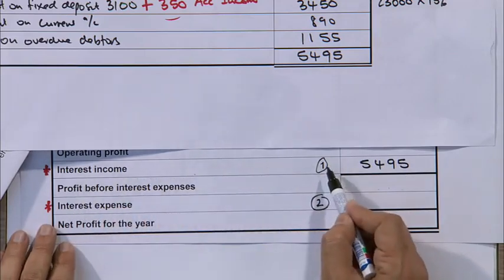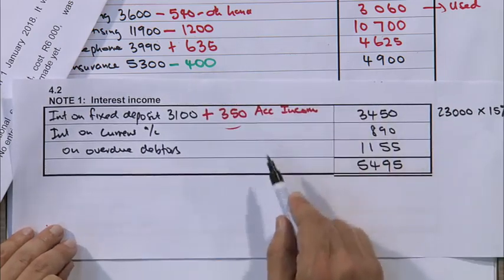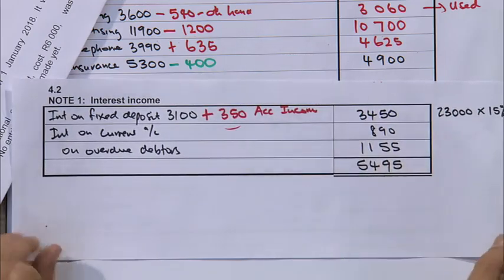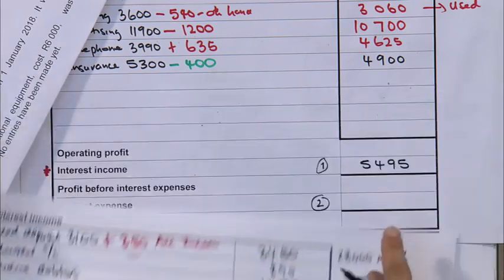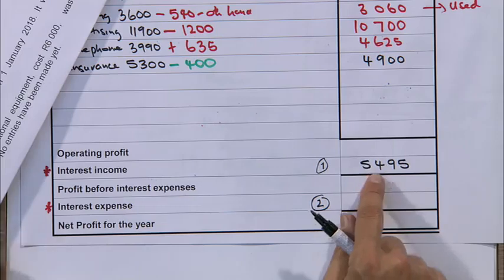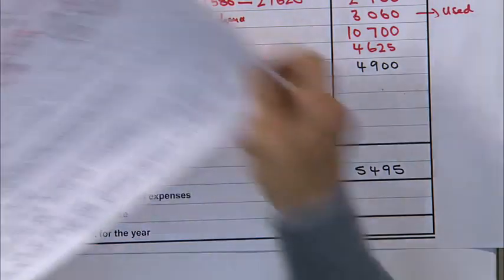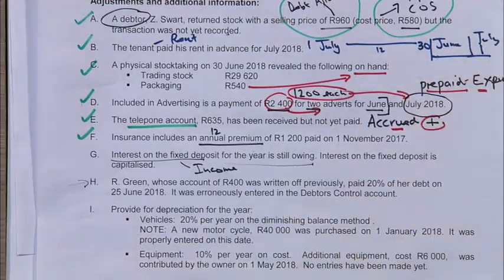That note says refer to note number 1, so that you know how we got that amount. So that will be the interest income for the year, and you place it at the bottom because of materiality. It does not form part of the interest above. Okay, so that was G. So adjustment G is done.